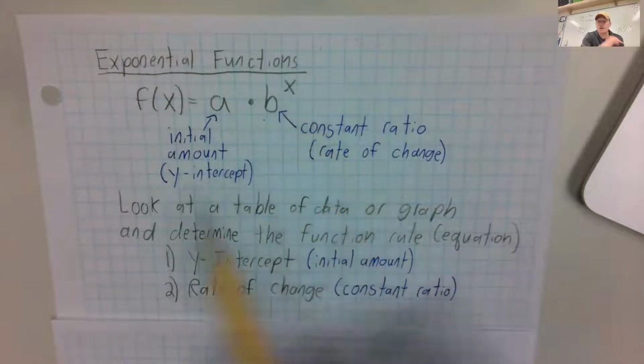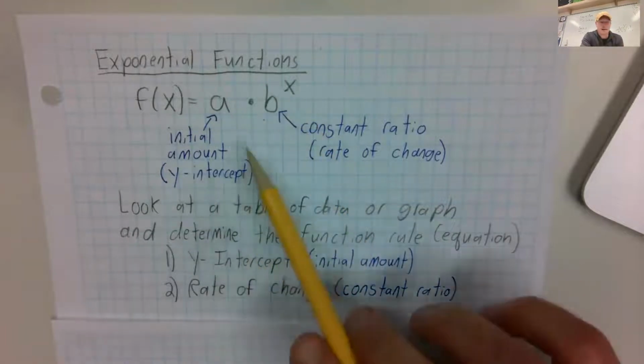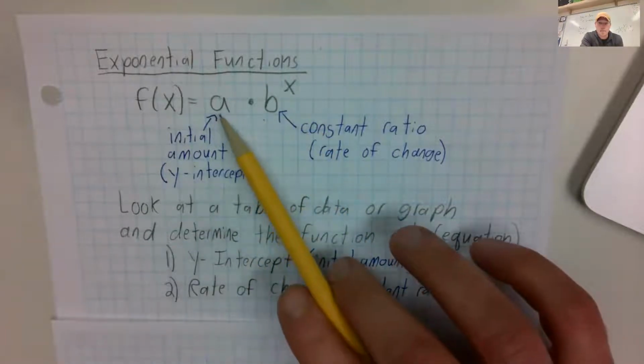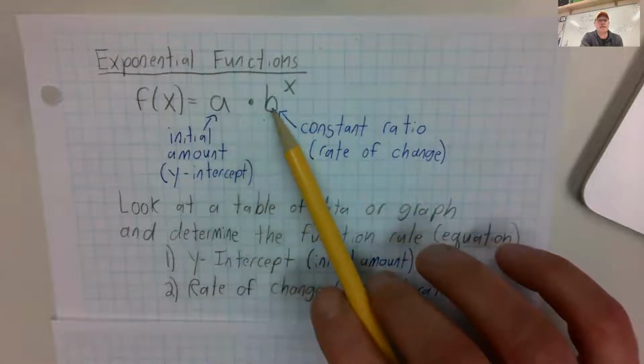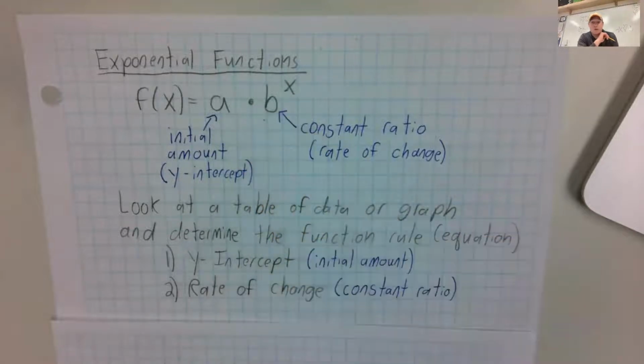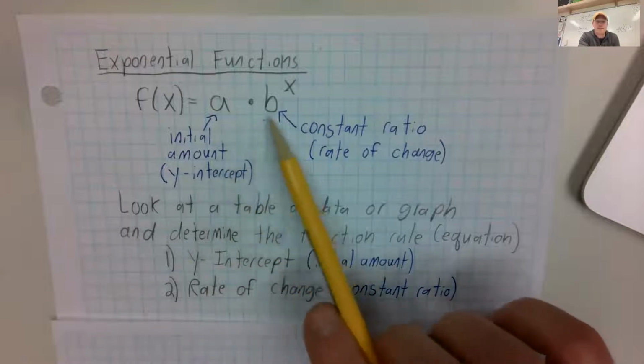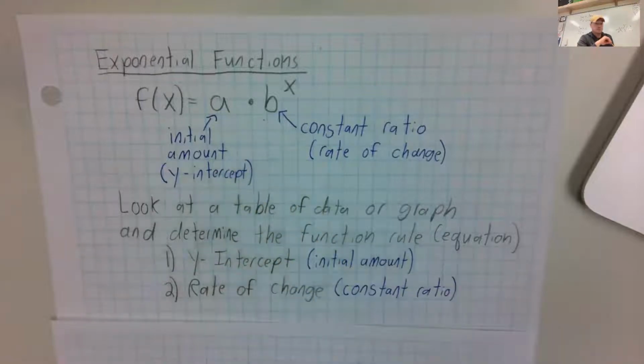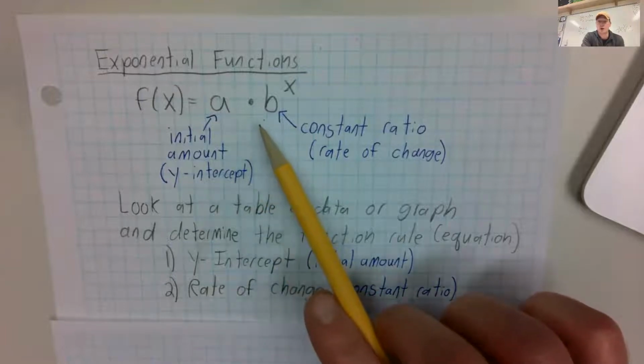So all the functions that we're going to do are going to take this form. It's going to be one number times another number, and that second number is raised to the power of x. Our job is to find out what those two numbers are. So we're going to be able to look at a table of data or a graph and determine the function rule. This is the function rule, the equation.